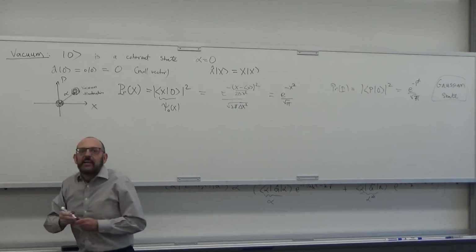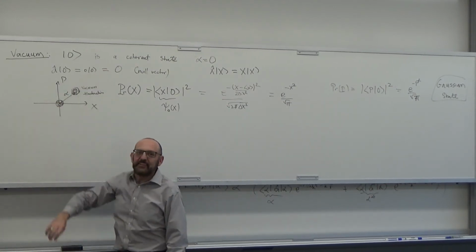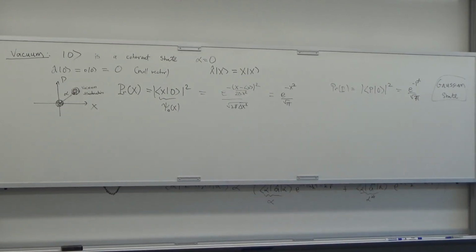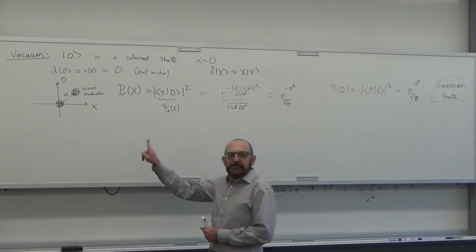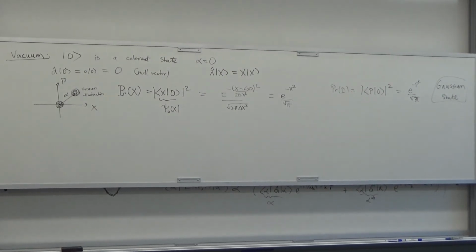It's like taking the vacuum fluctuations and displacing it away from the origin. And so we should be able to understand or get at this coherent state mathematically through some kind of unitary transformation in phase space. Okay?